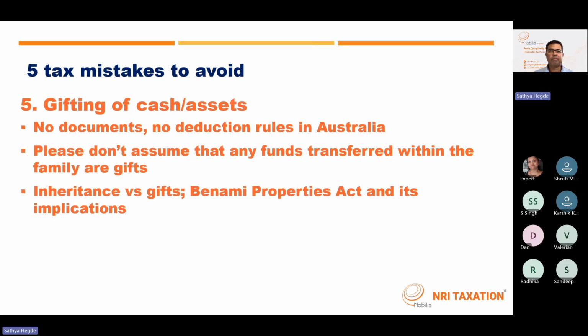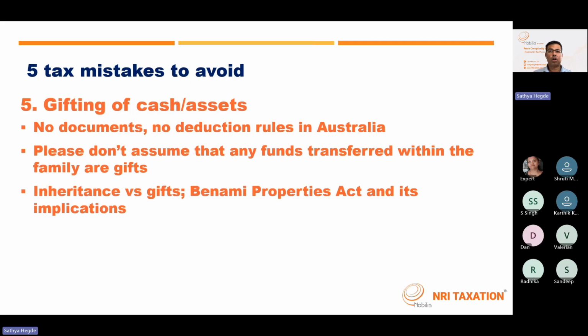This is something very important when I get to hear that if you transfer your properties to your parents and parents sell it as an Indian resident and give the money back to you, this is exactly the clause that covers it.